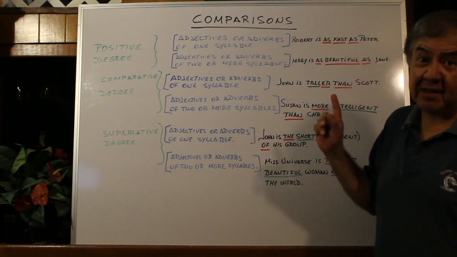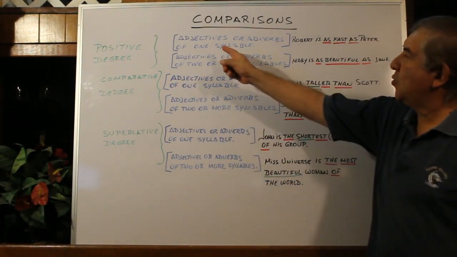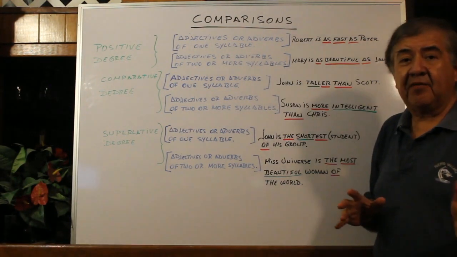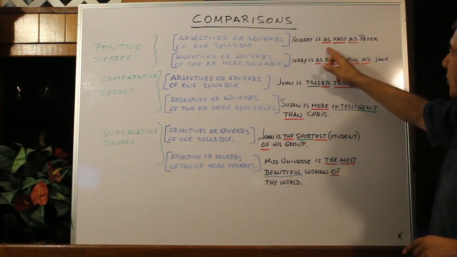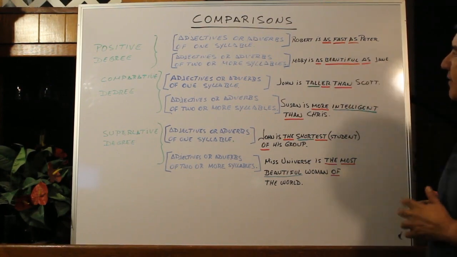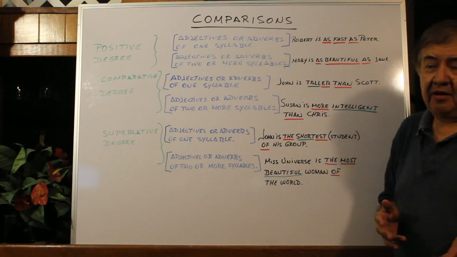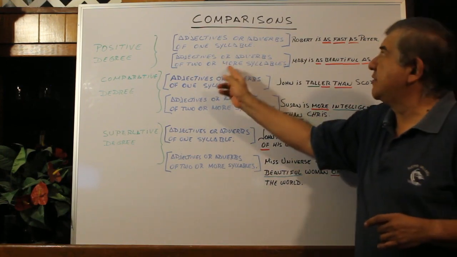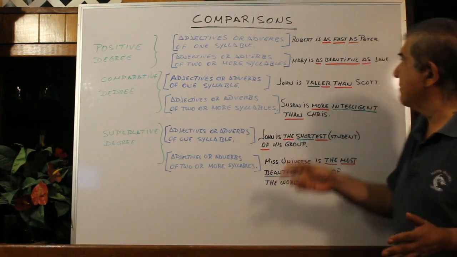Now, let's see some examples. In positive degree, when we use an adverb or an adjective of one syllable, as we say, we use as. In this case, Robert is as fast as Peter. And when we have adjectives or adverbs of two or more syllables in the positive degree, it is the same.